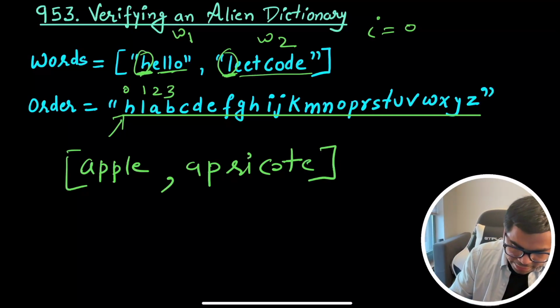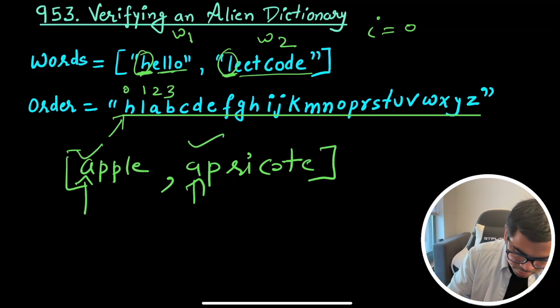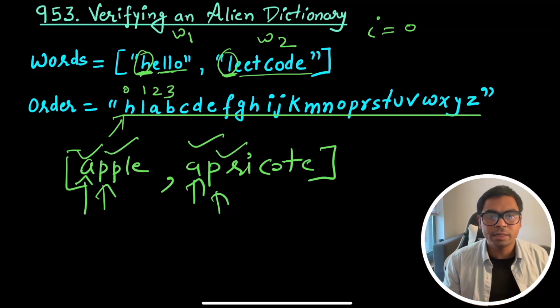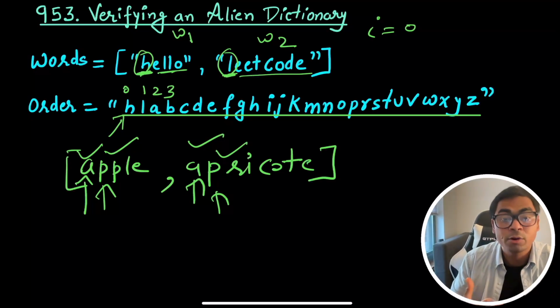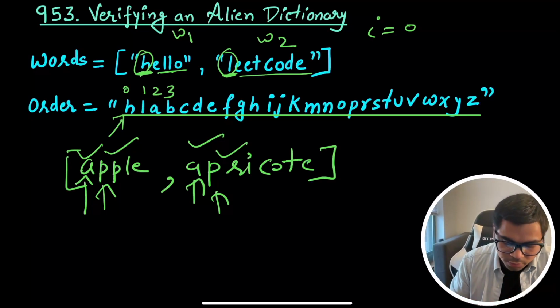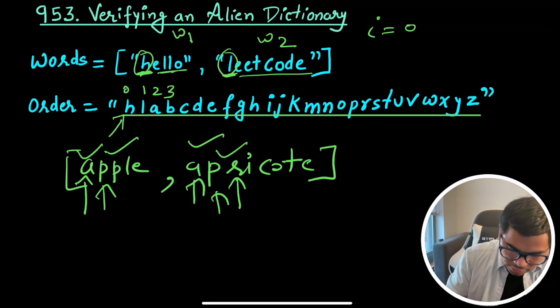You can see that these two are the same, these two are the same, and these two are also the same. So these can't be used to compare the relative lexicographical order of these two words. But when you see the third letter, in the first it's P and in the second it's R, you can see these two are different.